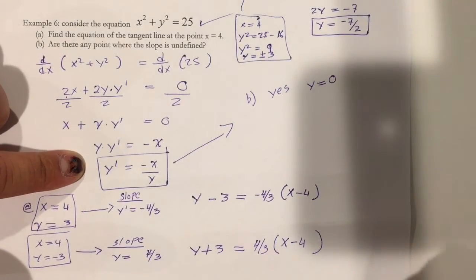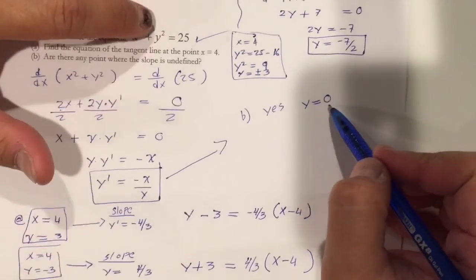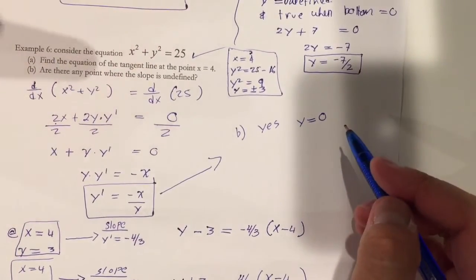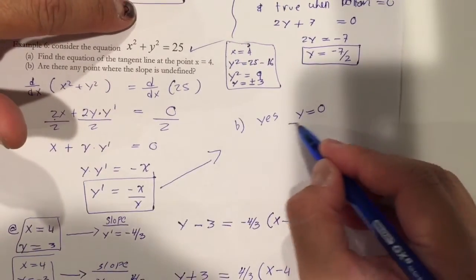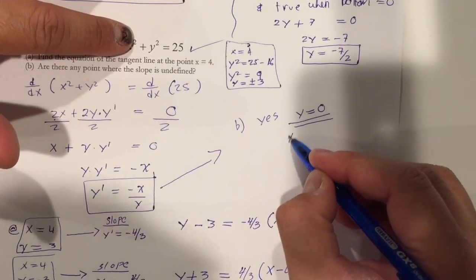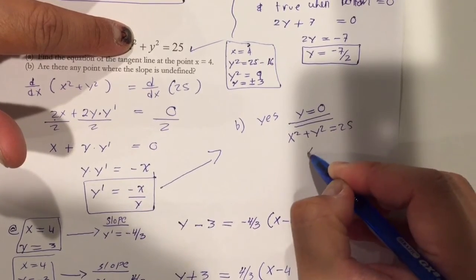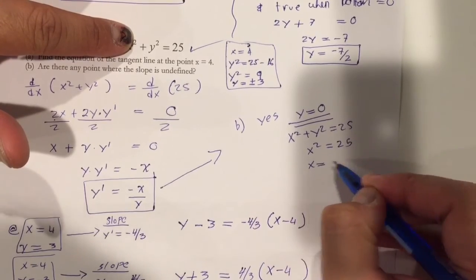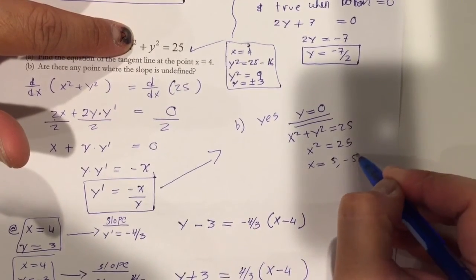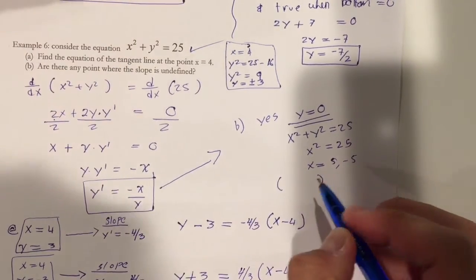Okay, but remember they're asking for points. So when y equals 0, what are the x coordinates? If you plug 0 back into this function, then you have this left as your x. That means that x could be 5 or negative 5. So there are actually two points where the slope is undefined.